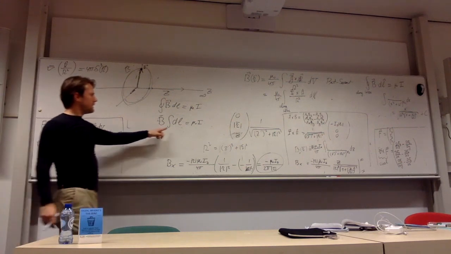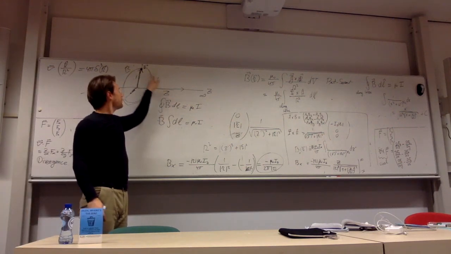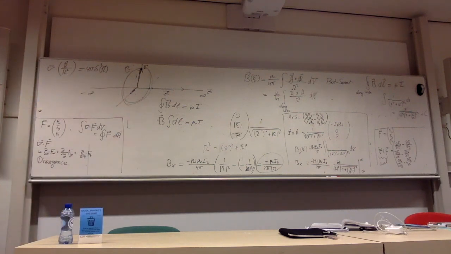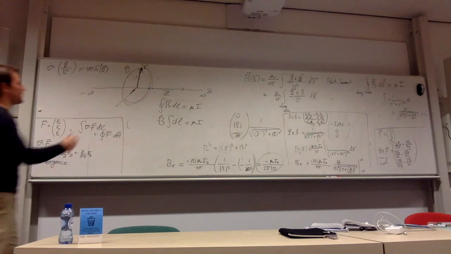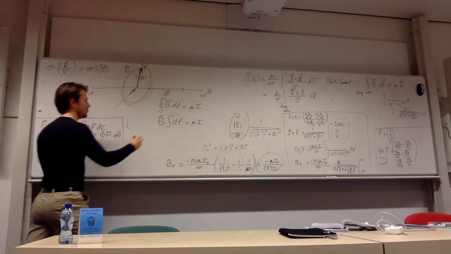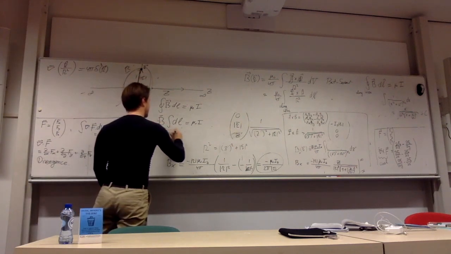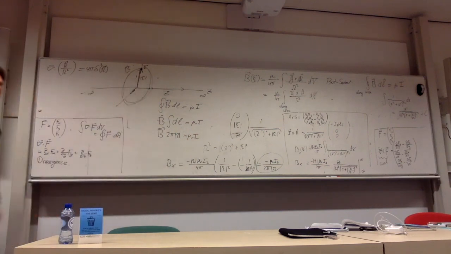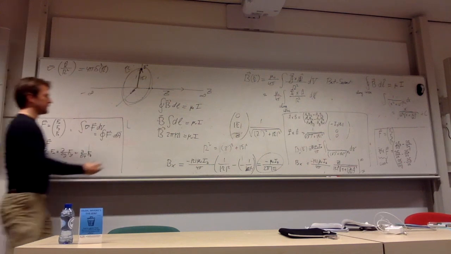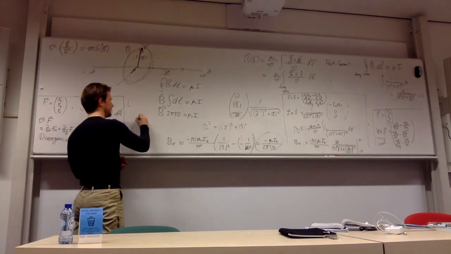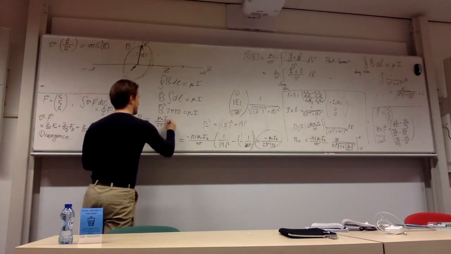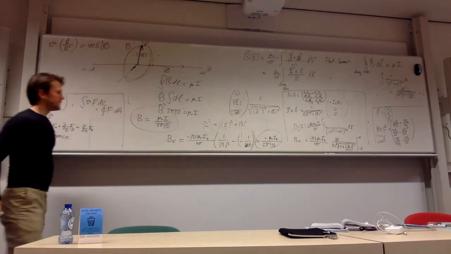We have now an extremely easy integration. We have to integrate over the circumference of this circle. What's the circumference of a circle if it has radius r? 2 pi r. So you get this, or, if you will, B equals... Where did the minus go?